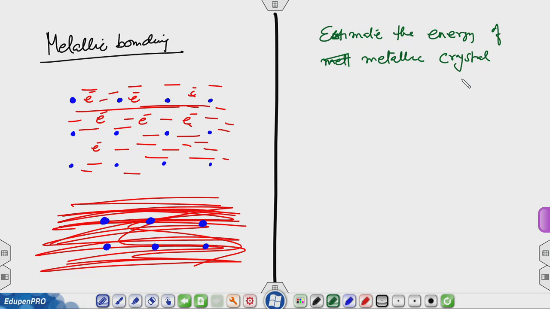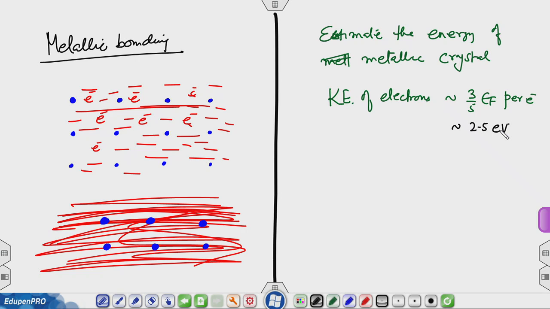what all does it have? It has kinetic energy of electrons, which is roughly 3/5 epsilon_F per electron. And if you recall the numbers from our earlier lectures, this will be of the order of, let us say, 2 to 5 eV.